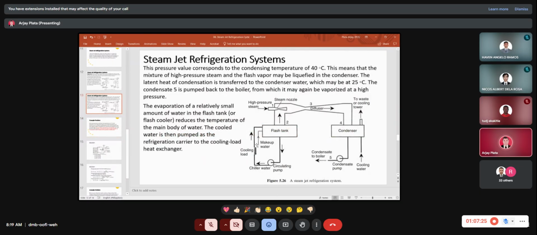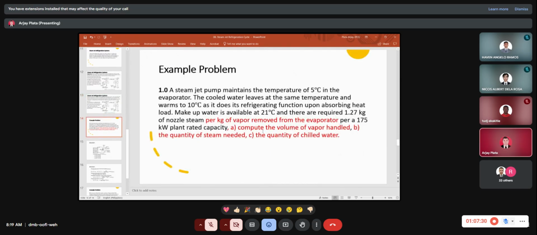So the evaporator is here and the required amount is 1.27 kilogram. So ito yung nire-remove niya na amount no, sa evaporator. Amount of water vapor removed from the evaporator.